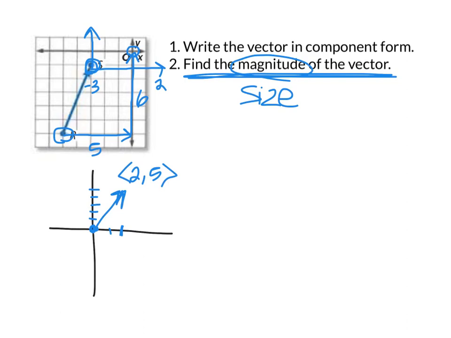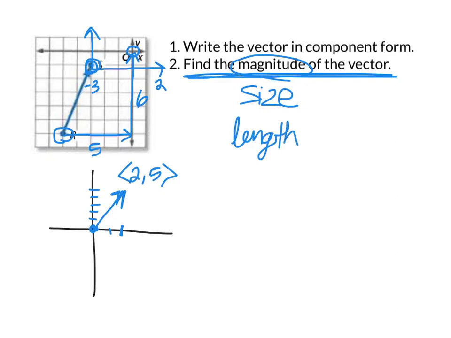We don't know if it's 5 inches per second or 24 miles per hour. We don't know what the size is. So since we don't know anything about this vector, we're going to just say, you know what, the length of the vector, that's going to be the size. So we're going to find the length of the vector.